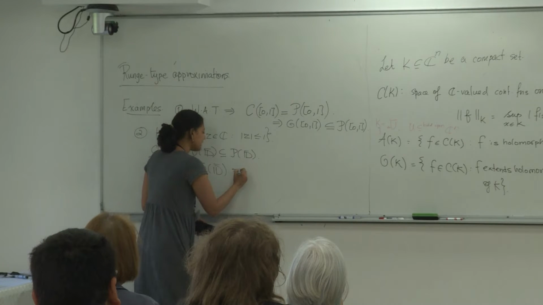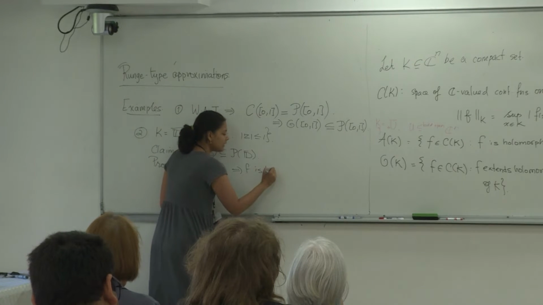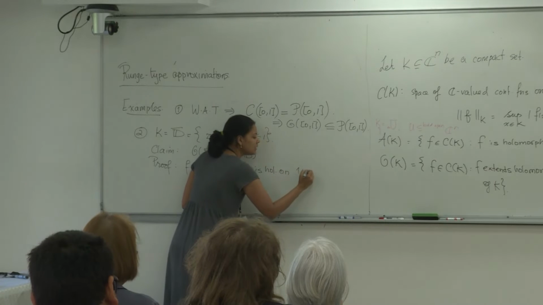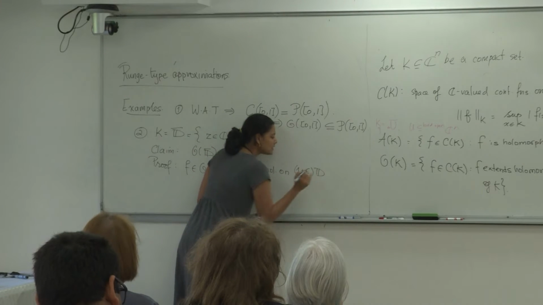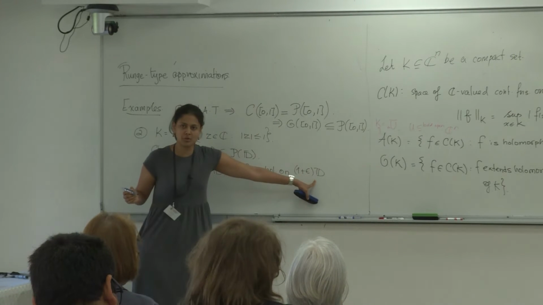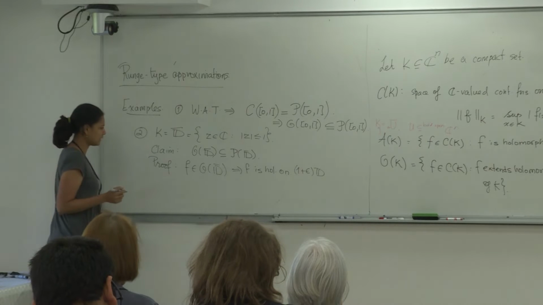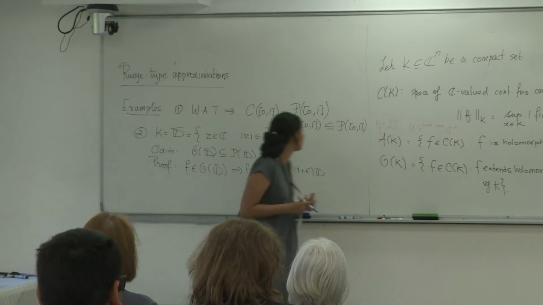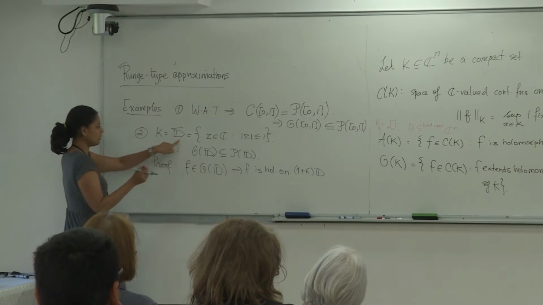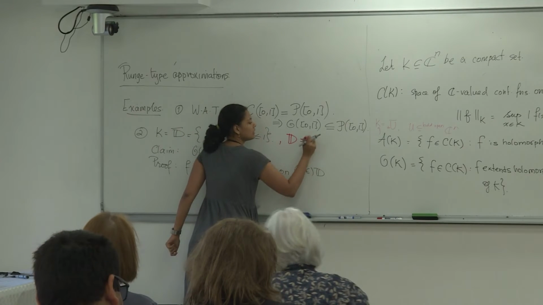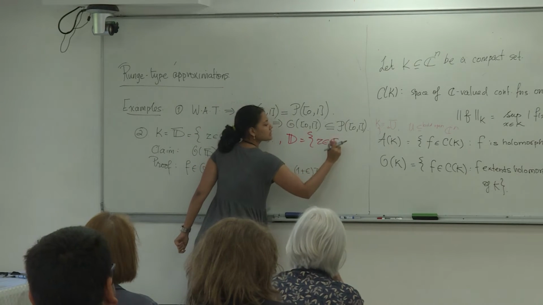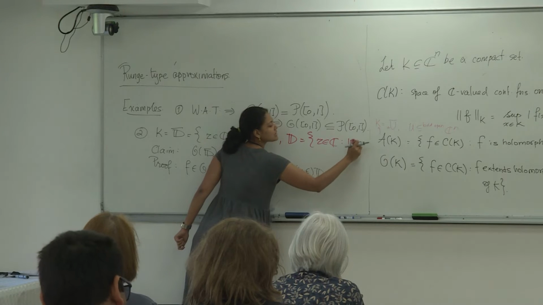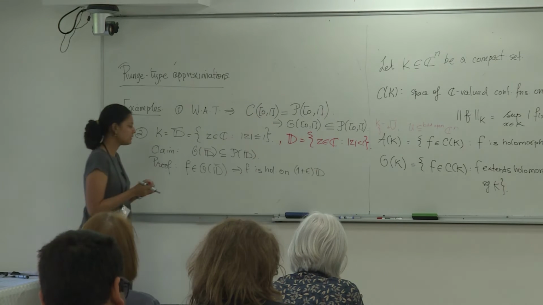It means that F is holomorphic on some disk which is slightly larger than the unit disk. By the way, I should keep track of the notation. I introduced D closure. This is the open unit disk in the complex plane.